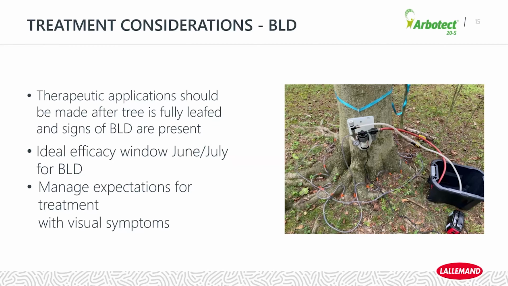So it won't be until the following year that you'll see the reduction in the banding, as the treatment would have knocked back that nematode population. So I just feel like this is an important note to perhaps explain when it comes to managing expectations for treatment, as perhaps some people may be alarmed if they get their tree treated, but then the damage is still present a week later.